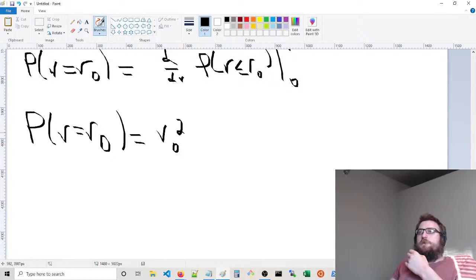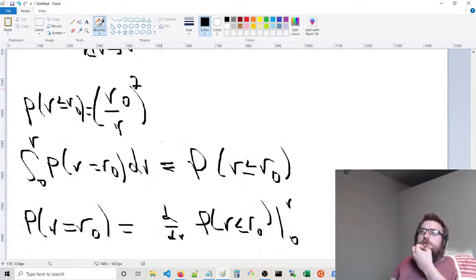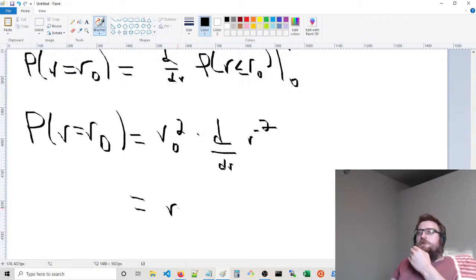So r sub 0 squared times d/dr of r to the negative second, which is actually r sub 0 squared times negative 2 r to the negative third.